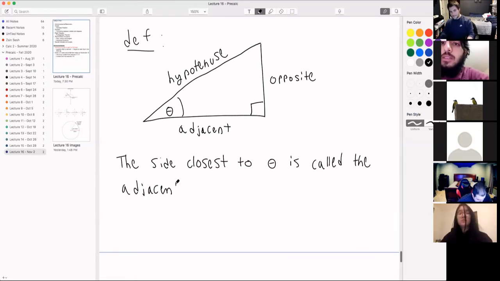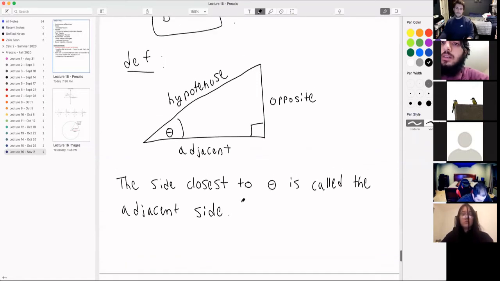So given that this triangle would be also considered an angle, you could also consider that vertex point to be the angle too, like when I mentioned earlier. Oh, I see what you're saying. Like if I labeled this A or something. Yes, so you will see it kind of both ways.